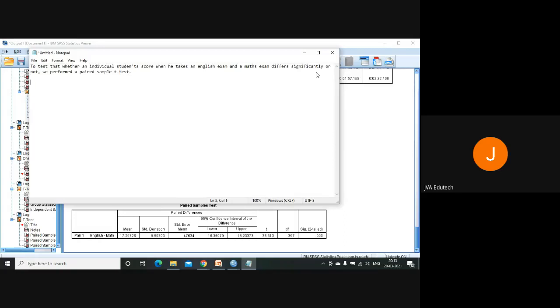Put the table, and from the results we can infer that t at the degree of freedom 397 is equal to 36.313. At this level, P will be less than 0.05.